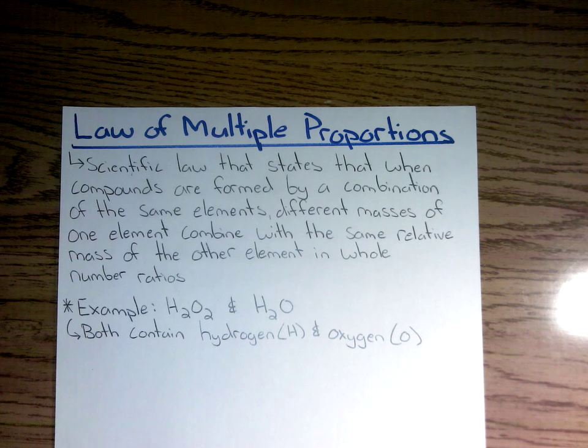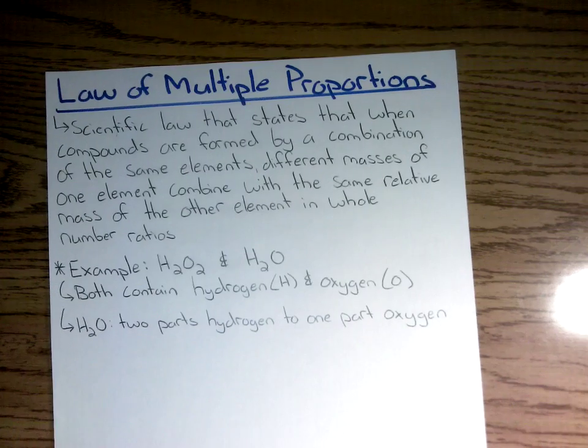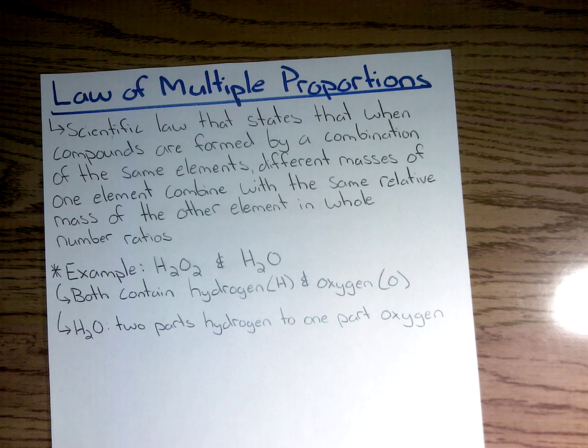Now, if we look at water, we need to identify that water has 2 parts hydrogen to 1 part oxygen. Hydrogen peroxide has 2 parts hydrogen to 2 parts oxygen.